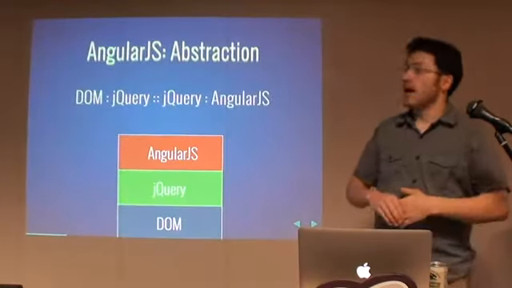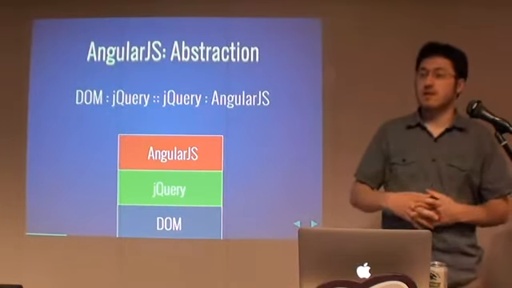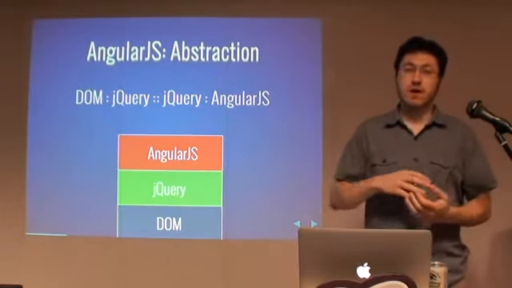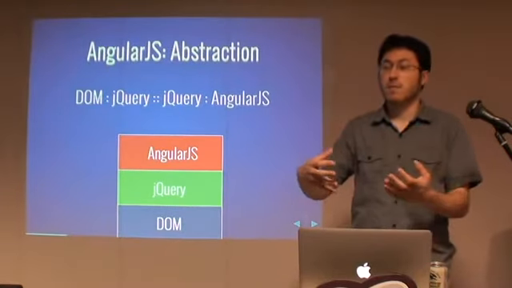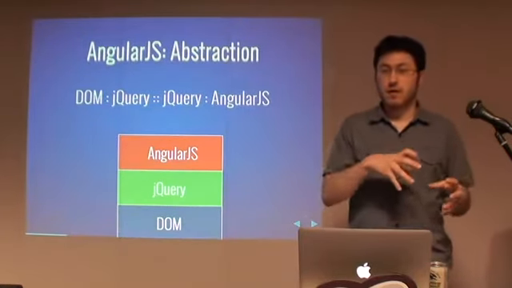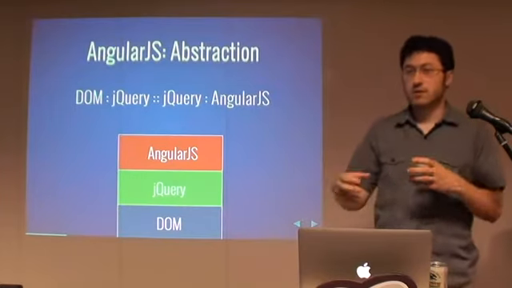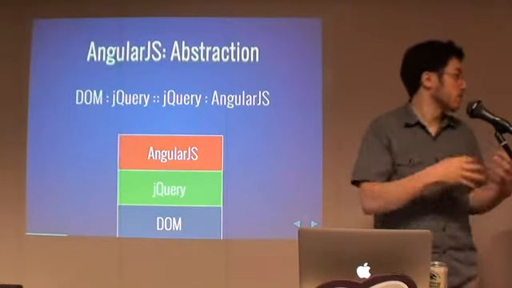So AngularJS provides a high-level abstraction in the same way that jQuery provides an abstraction over working with the DOM. You no longer have to worry about browser inconsistencies or complicated APIs.